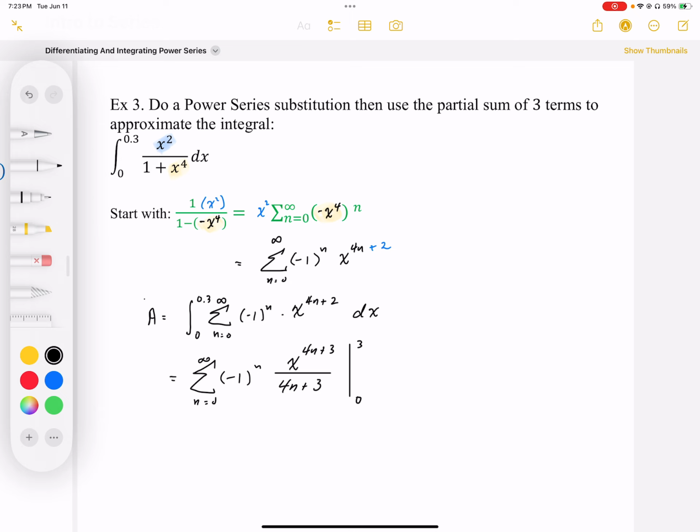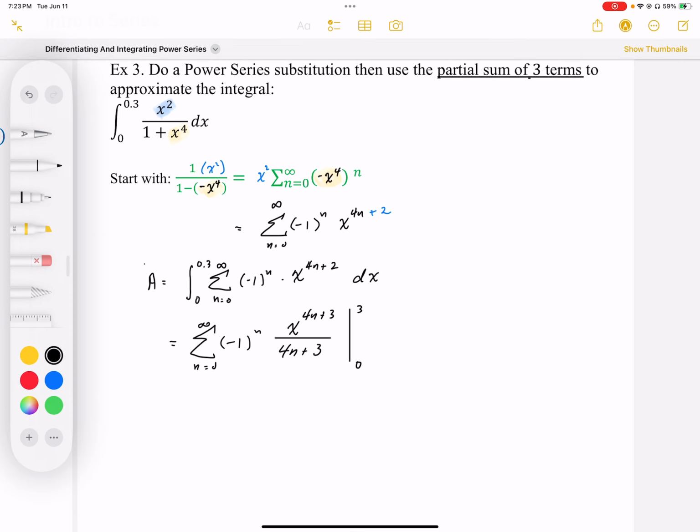Now the question says to use the partial sum of the first three terms. So I'm going to plug in my n for the first three terms. So the area is equal to, I'm going to plug in 0, so I get negative 1 to the power 0, so it's positive. I get x to the power 3 over 3.